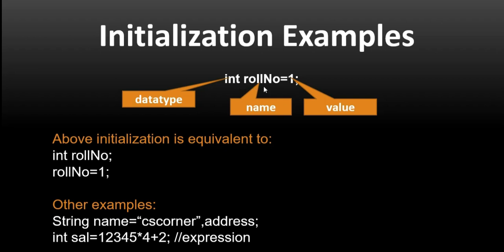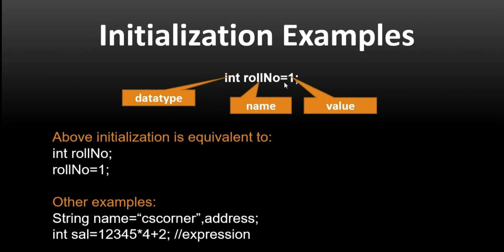You can see I'm having variable roll number which is having value 1. The data type is integer, the name is roll number and the value I'm having is 1. And this equal to is what? Assignment operator. Using that, I can store value 1 to my roll number variable.